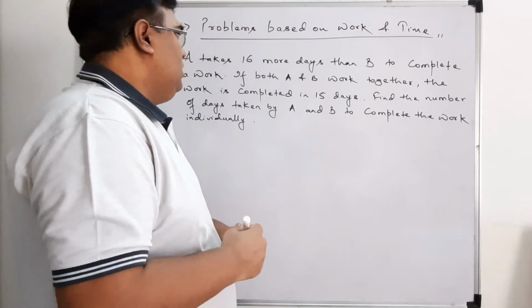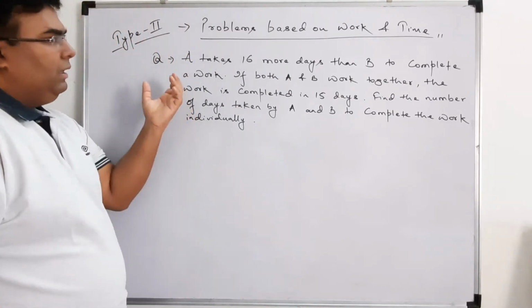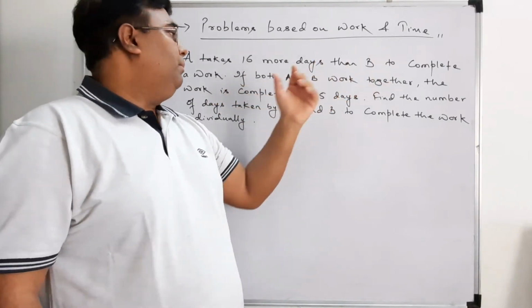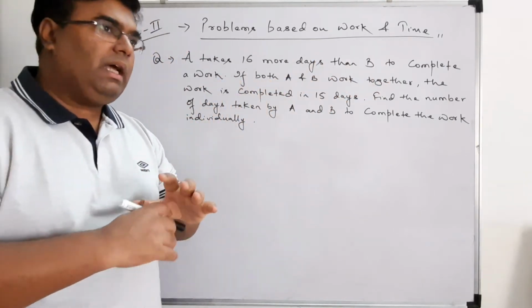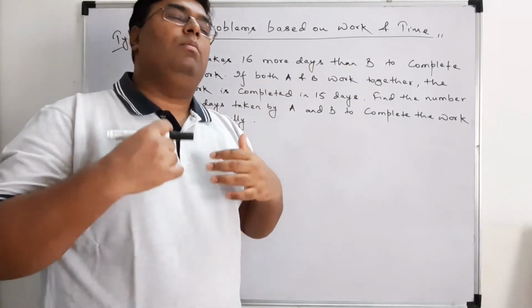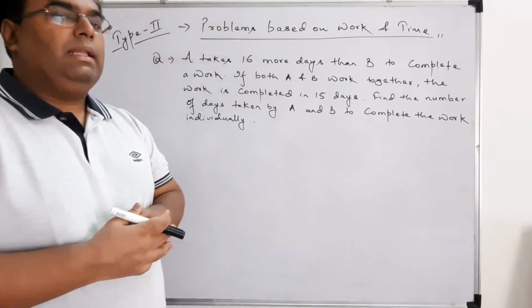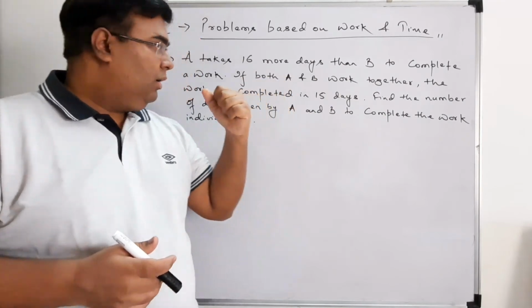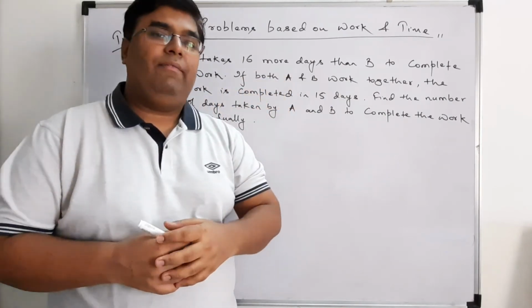Let's see. So the question is: A takes 16 more days than B to complete a work. There is a work and A takes 16 more days to complete the work than B. Now if both A and B work together, the work is completed in 15 days.